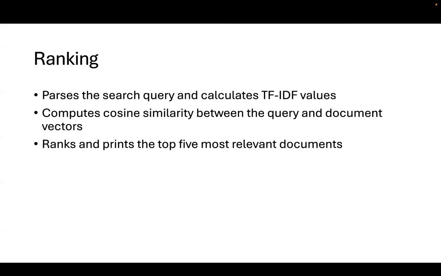Then it compares the query TF-IDF vectors against the pre-computed TF-IDF vectors of the documents using cosine similarity. And then it ranks the documents based on their similarity to the query and prints the cosine similarity scores for the top 5 most relevant documents.